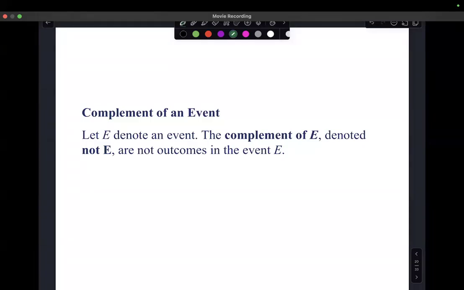So if the probability of something happening was 30%, the probability of that thing not happening would be 70%. That would be the complement. So it is just the probability of it not happening, the not outcome. The complement of E would be not E.